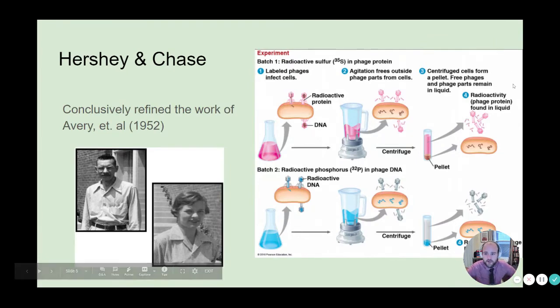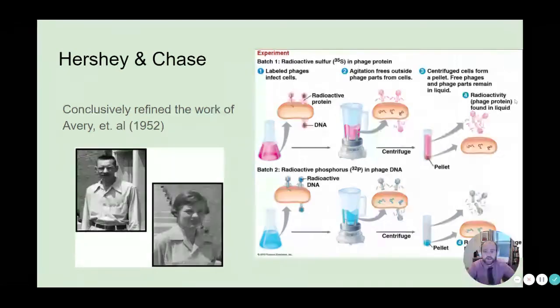About 30 years later, we have Hershey and Chase, who were conclusively refining that work. What they did was they used bacteriophages, which are viruses that infect bacteria, and they labeled these phages in order to infect cells. What they were using is radioactive isotopes.